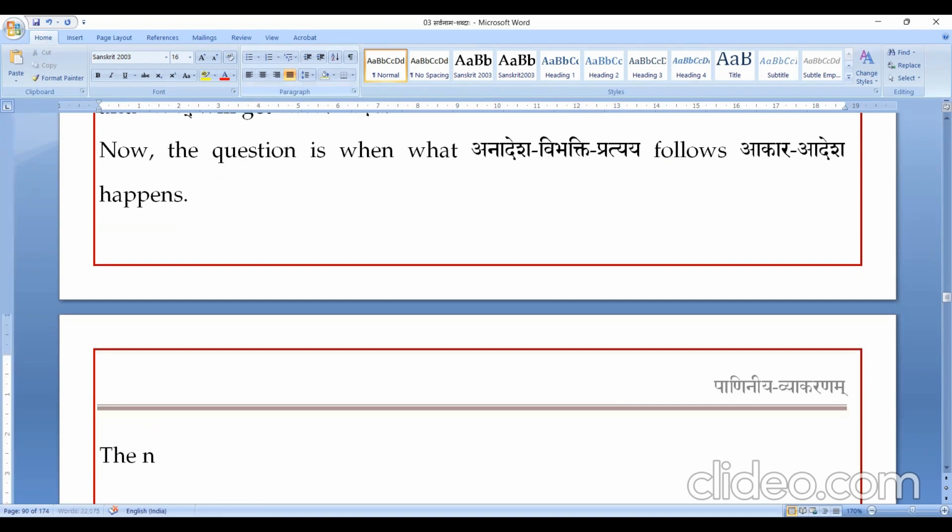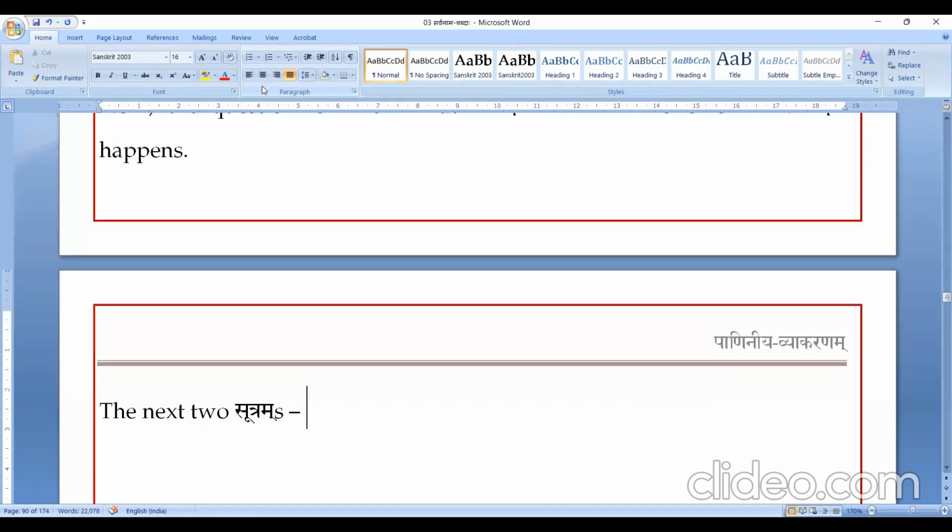The next two sutras. What are the next two sutras?